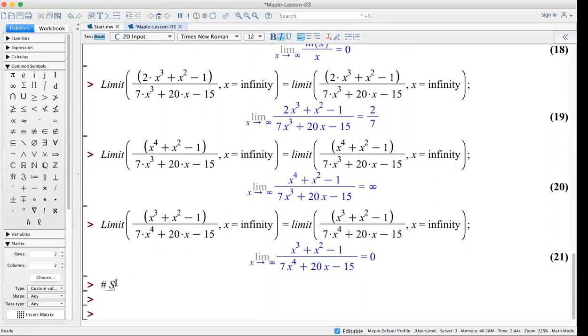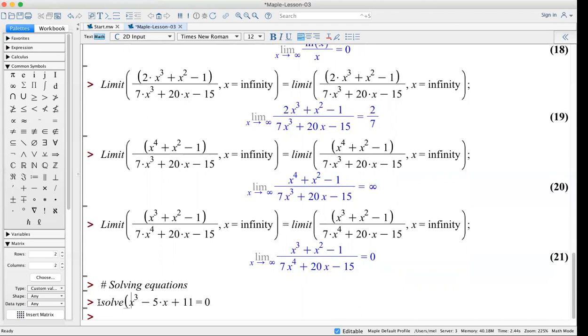Let's go back to solving equations. So if we want to solve the equation, for example, x cubed minus 5 times x plus 11 equals 0, there are two commands in Maple.